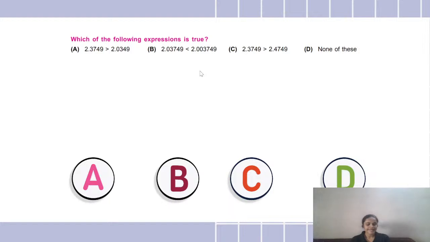Which option is correct? You all have to find out which of these four options is correct: option A, option B, option C or option D.